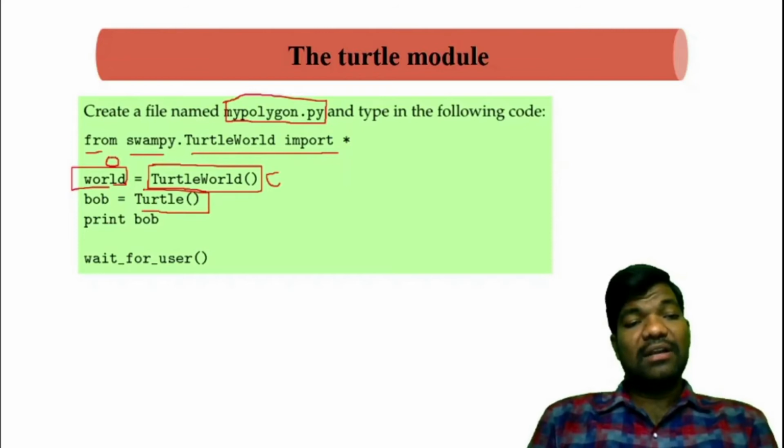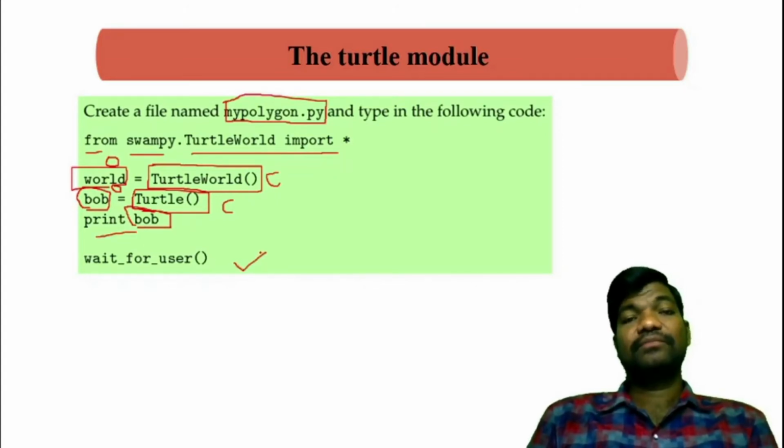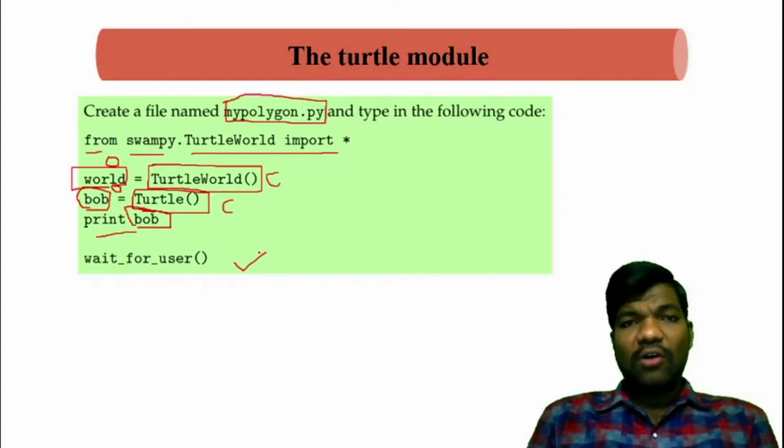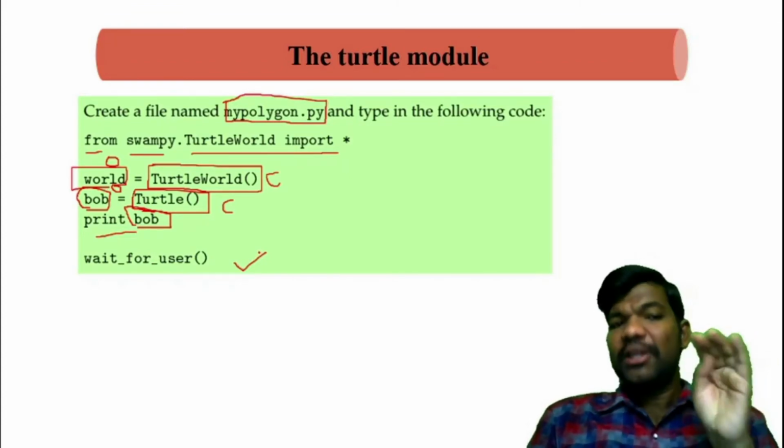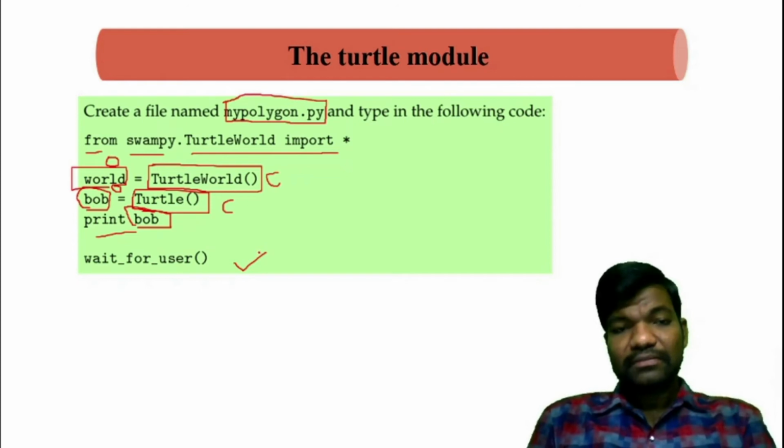Now Turtle is another class, this is assigned to bob, another object. I am printing bob. After printing, we are waiting for the user, so there is no output. We need to give input to get the output.